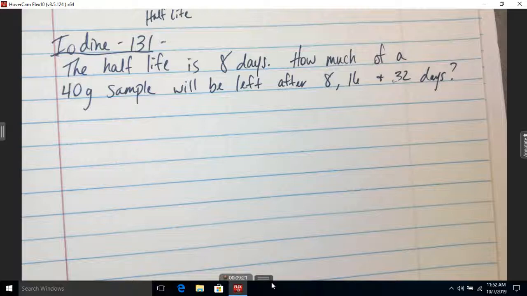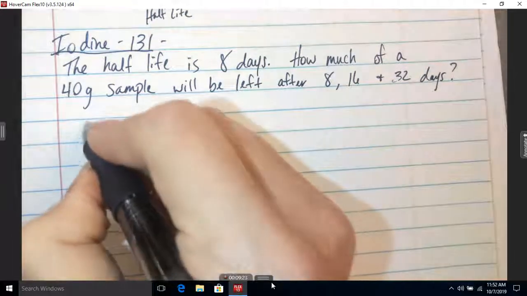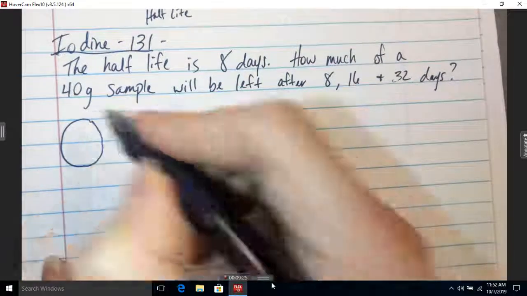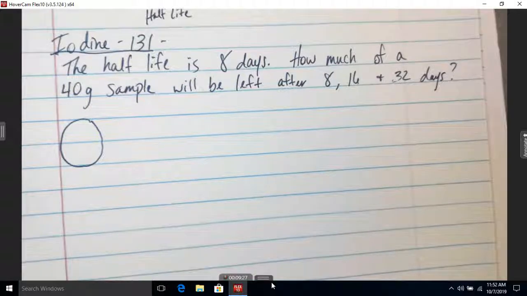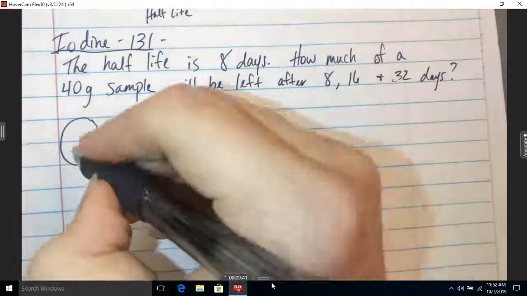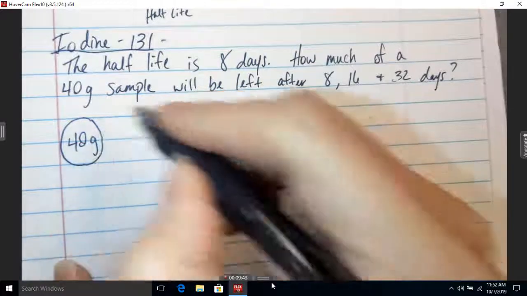Okay, so I'm starting out with my whole sample. Starting out with my whole sample, right? How much does it tell me is my whole sample? 40 grams. This is 40 grams, a 40-gram sample.